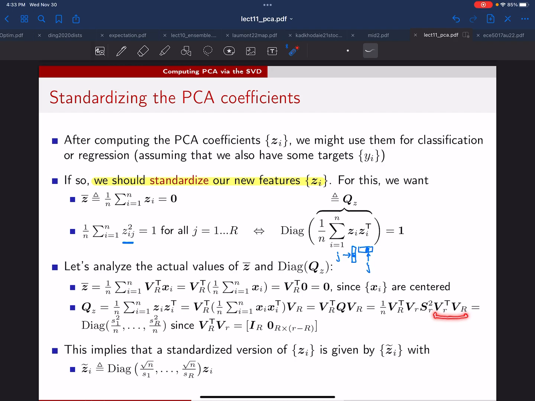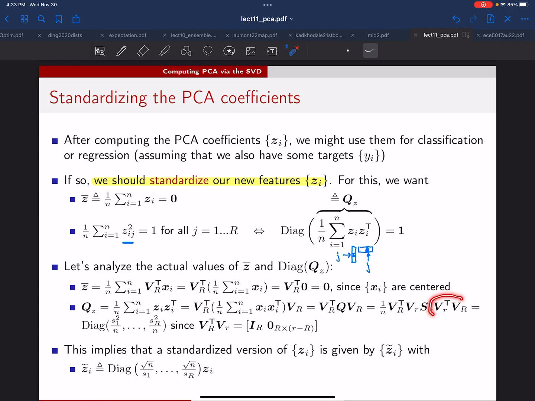If you remember, the VR matrix contains the first capital R columns of V. Also, all those columns are orthogonal to each other.